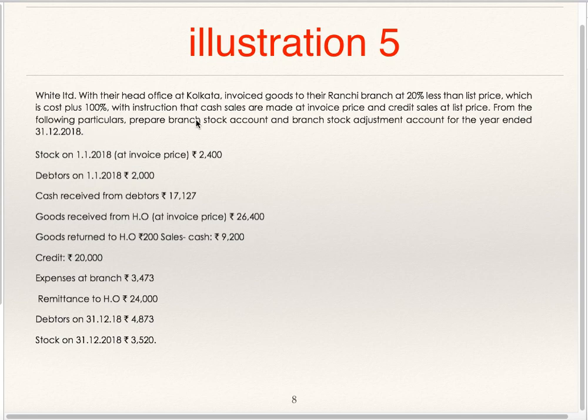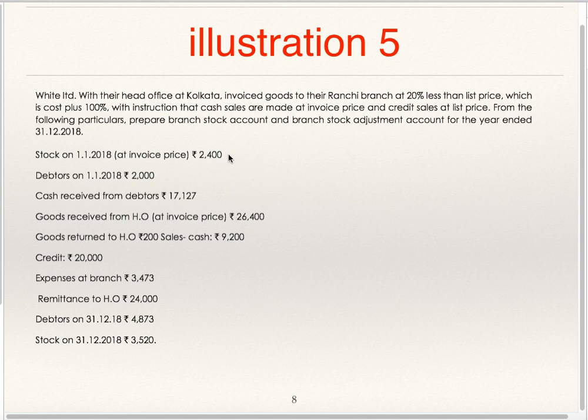From the following particulars, prepare branch stock account and branch stock adjustment account for the year ended 31st December 18. Stock on 1-1-18 at invoice price is 2400, the opening stock at invoice price. Then opening debtors, cash received from debtors, goods received from head office at invoice price.